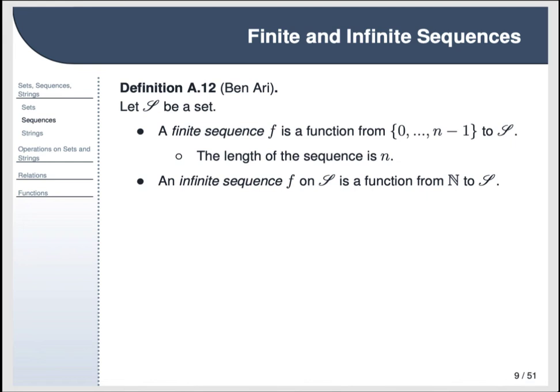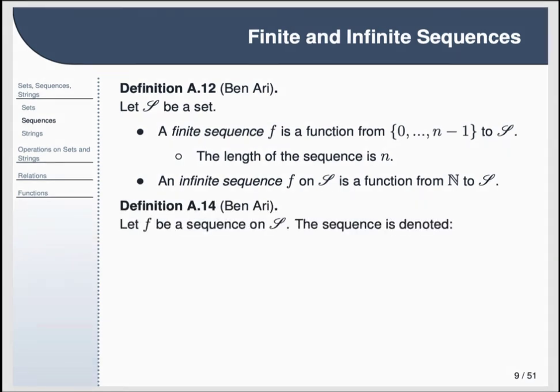So assuming you have some sequence, we can say we have some sequence F on the set S, and the sequence is denoted as S sub 0, S sub 1, S sub 2. These are the elements of the sequence in order, and it's written in parentheses. That's what distinguishes it from a set, which will be written in brackets. And we say where S sub I is equal to F of I.